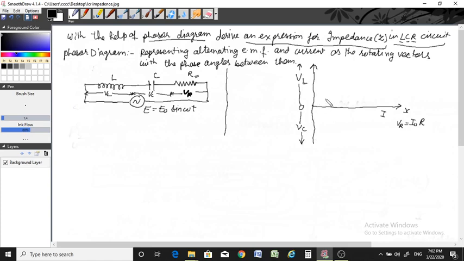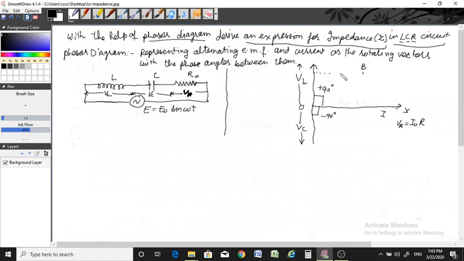Now VL makes an angle of 90 degrees with current I, and VC makes an angle of minus 90 degrees with the x-axis. Now suppose that we will find their resultant at point B.